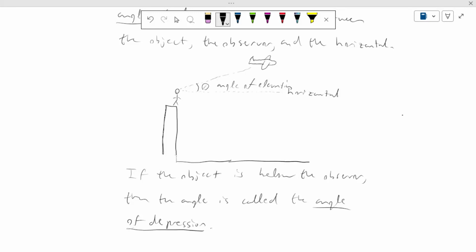So let's say we have a car on the road. He's looking down at this car, right? So this angle right over here, that's my angle of depression. There we go. All right, so we have an angle of elevation if it's above you, an angle of depression if it's below you. Okay.